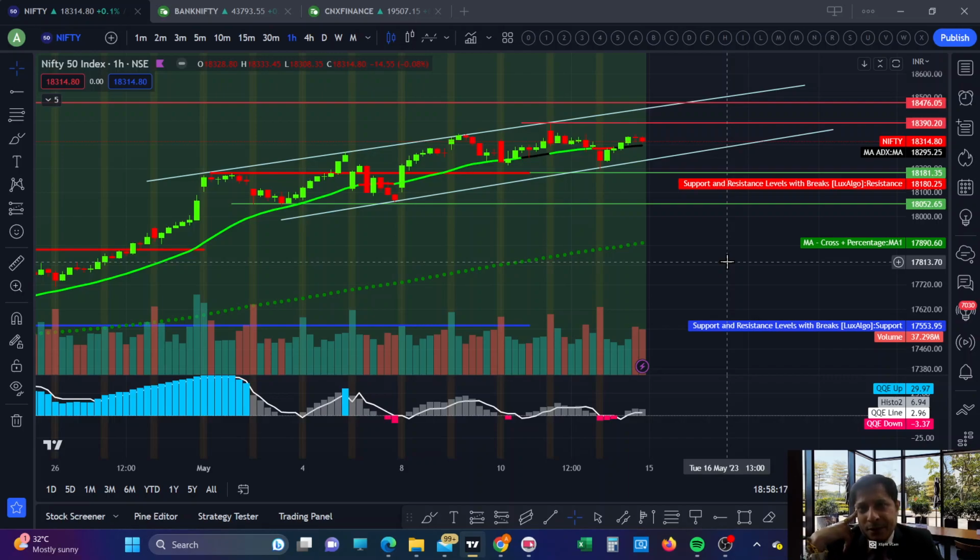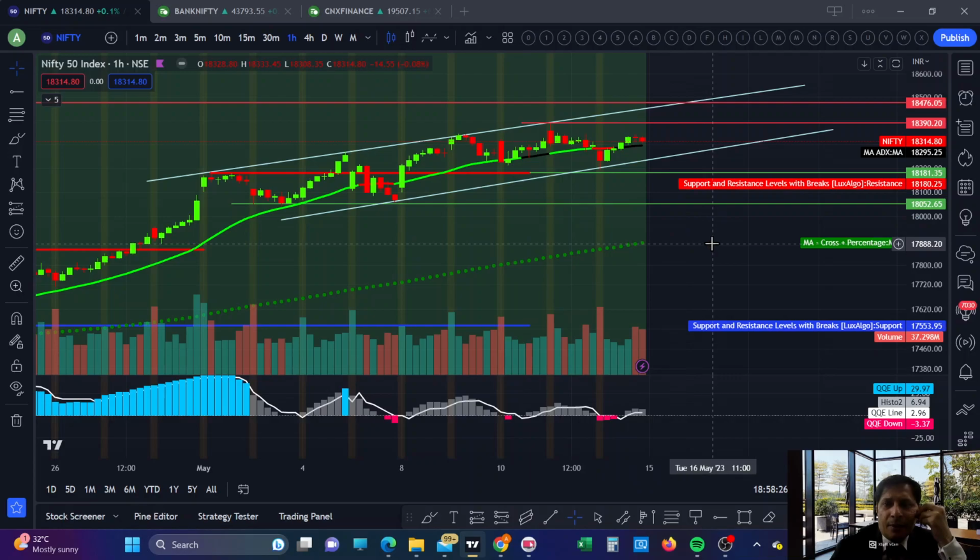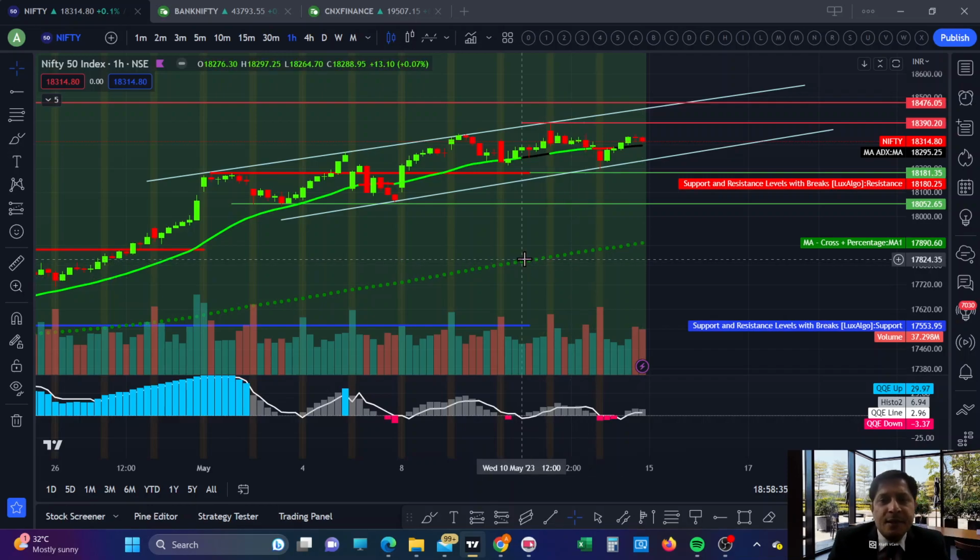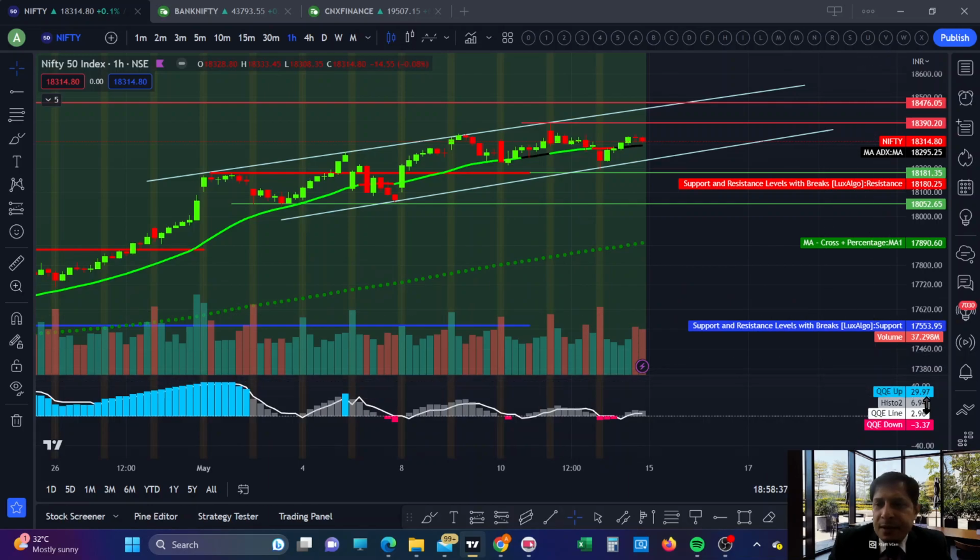So I believe it's going to be consolidated between 18,200 and 18,400, if not anything more than that, especially for tomorrow's range. But for the weekly range, we can also look back at the options data and get a fair understanding of how the options contracts have been written at what strike levels, based upon the market participants' sentiments.